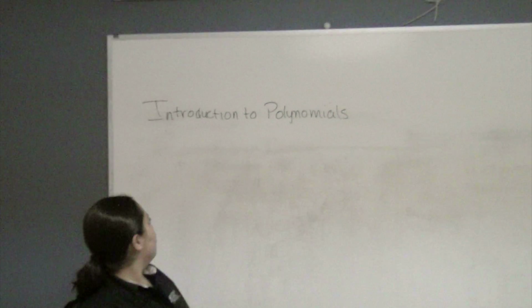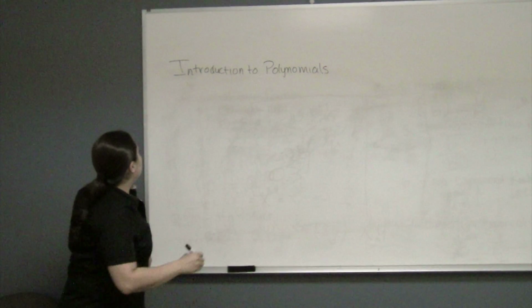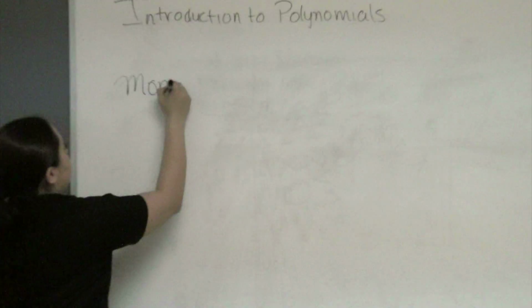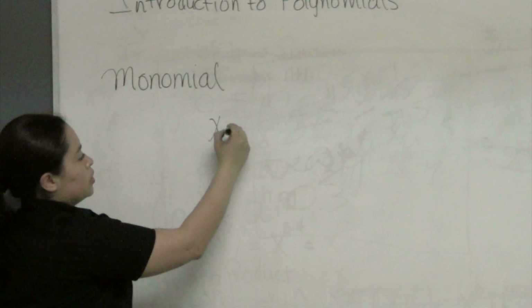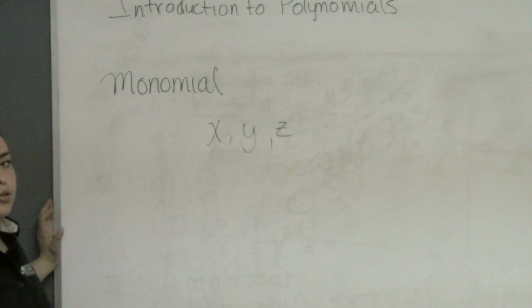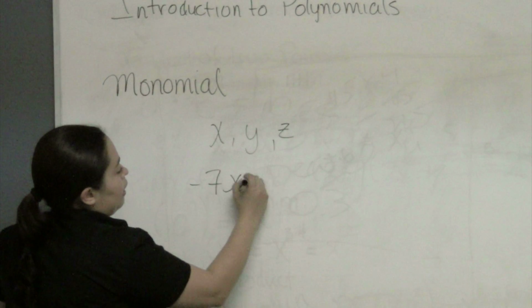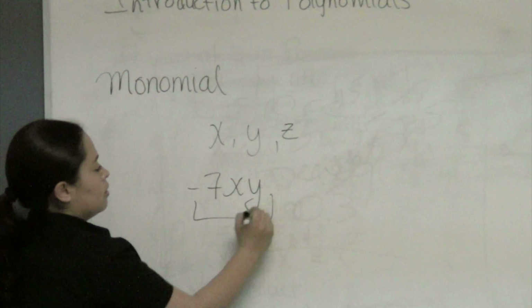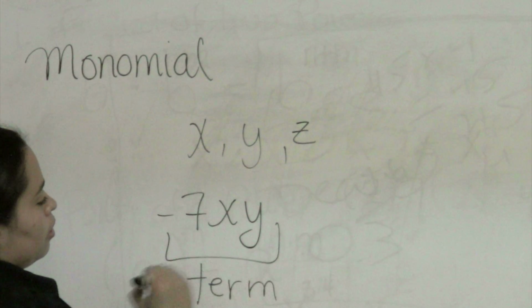Now let's keep going with an introduction to polynomials. Okay? So first of all, what's a monomial? Well, a monomial is composed of variables, which can be x, y, z, any letter, and numbers. Okay? A monomial, for example, it can be 7xy. This is a monomial, and it's considered a term.